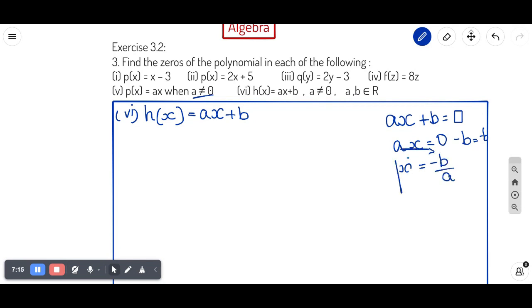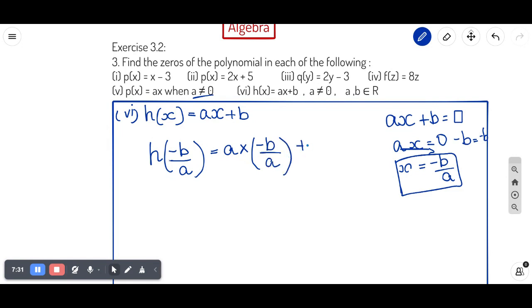So you get x is equal to minus b by a. Let us substitute that. x is minus b by a. So that will be equal to a into, do it carefully, minus b by a, plus b. Instead of x, I have given this minus b by a, which you have got from here. Your x is equal to minus b by a.